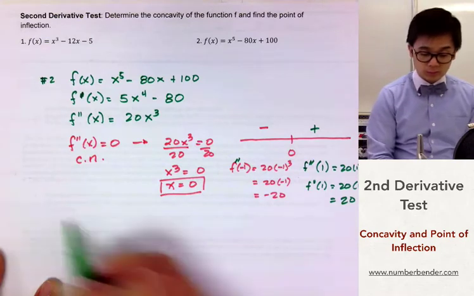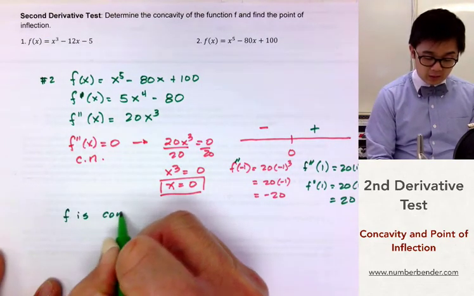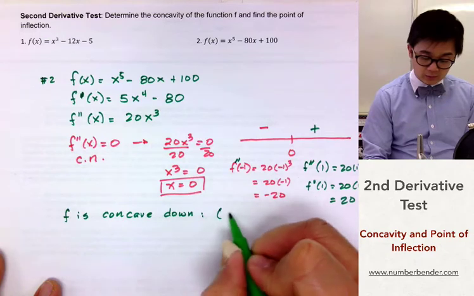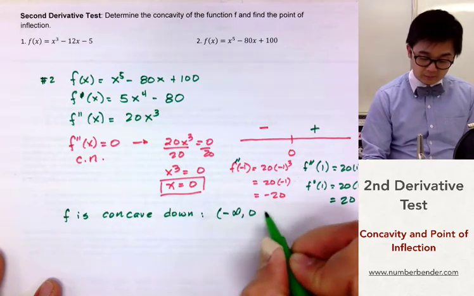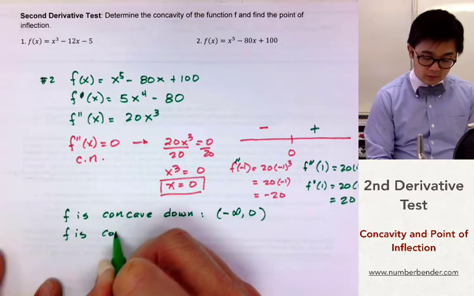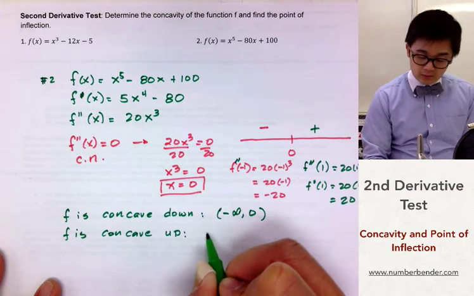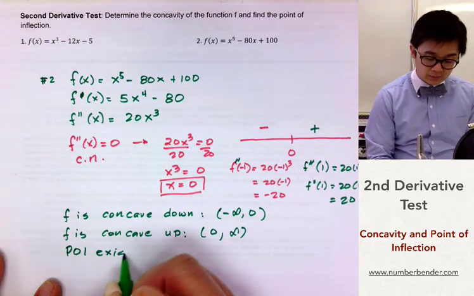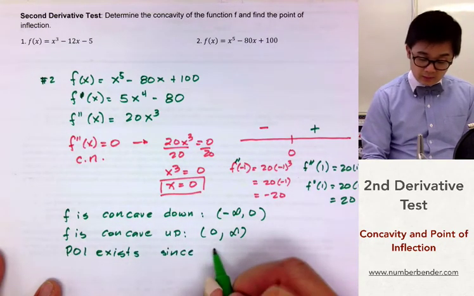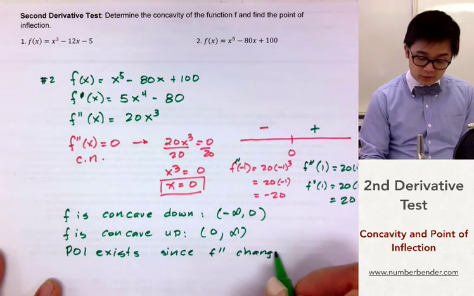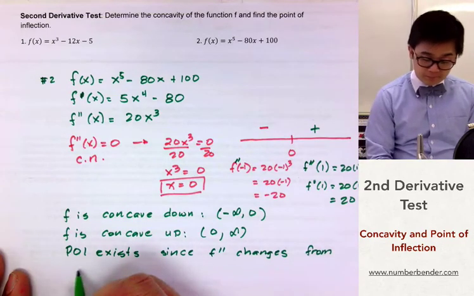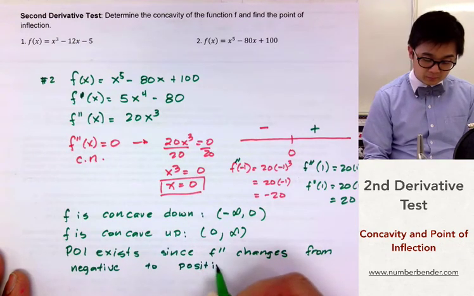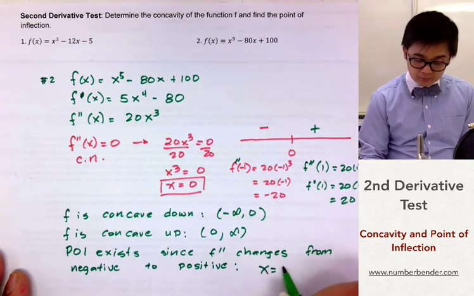So just like what we did on problem number 1, f is concave down on the interval -infinity to 0. f is concave up on the interval 0 to infinity, and POI exists since f double prime changes from negative to positive, and it exists at x equal to 0.